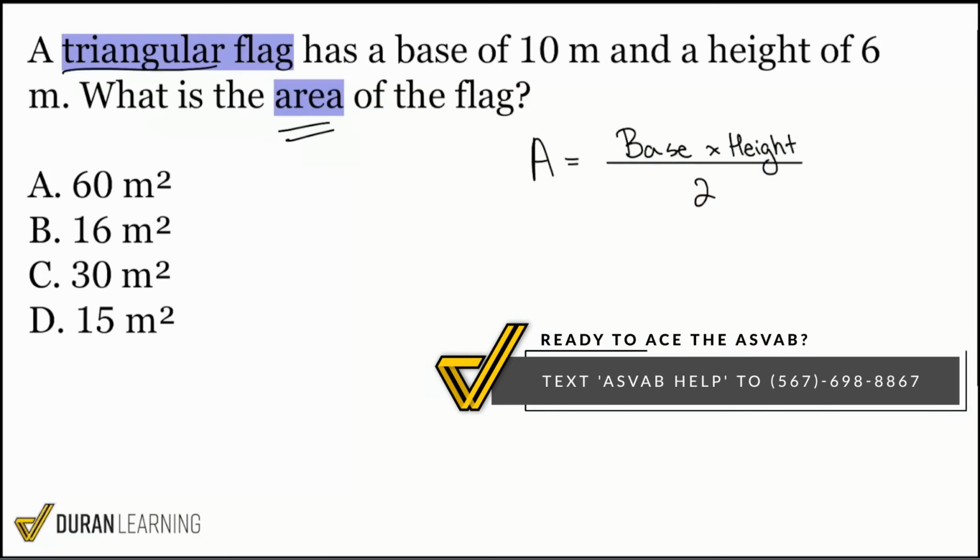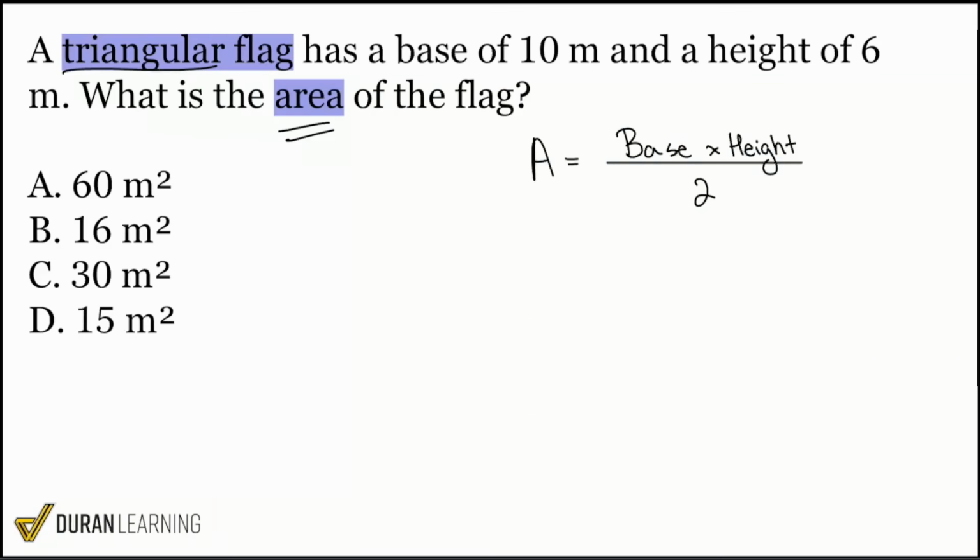So here, what we're going to do is simply, again, plug in what we have and then get that area. Because we're looking for this here, plug these in. Here we are, base of 10 meters, height of 6 meters. And so plugging those values in, we're in for a pretty quick solution.